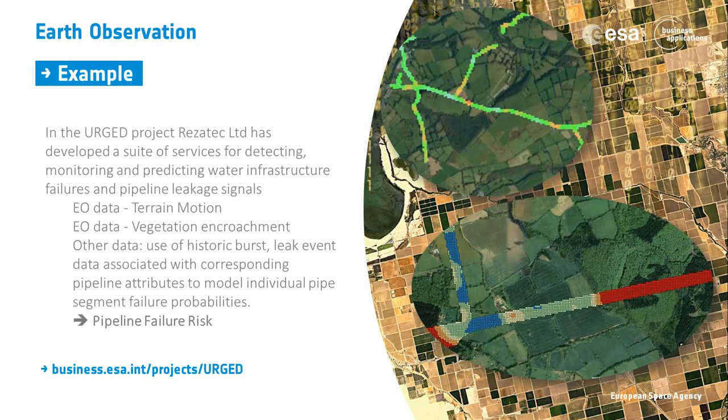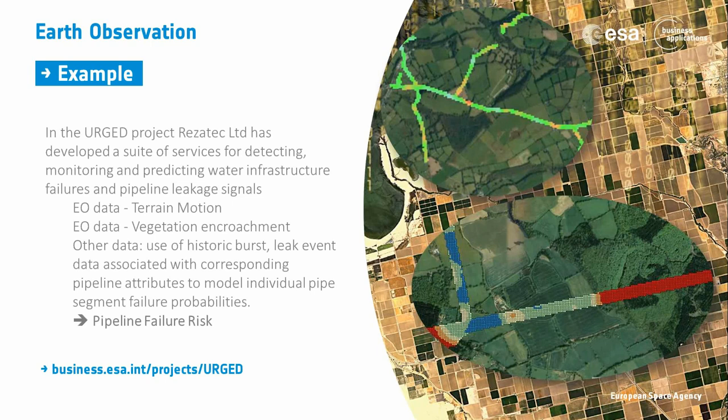So their customers were water utilities with pipelines, usually also in rural areas, so not always easy to monitor. And the idea of this company was to use Earth observation, mainly two products extracted from Earth observation.